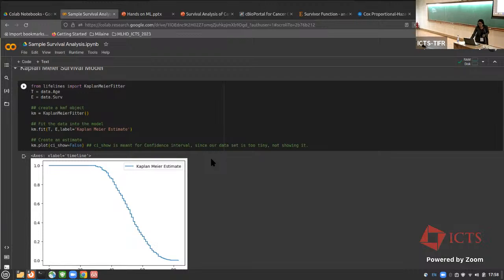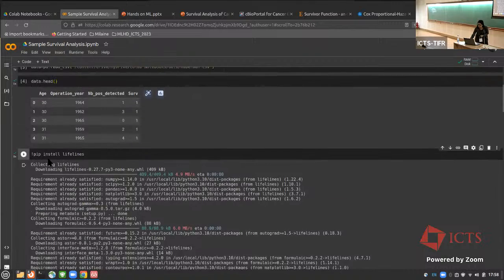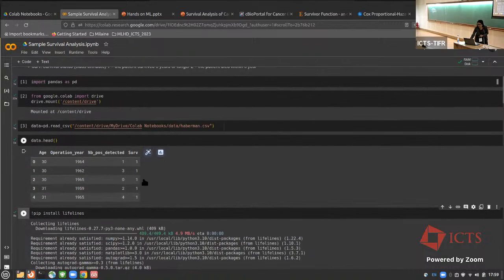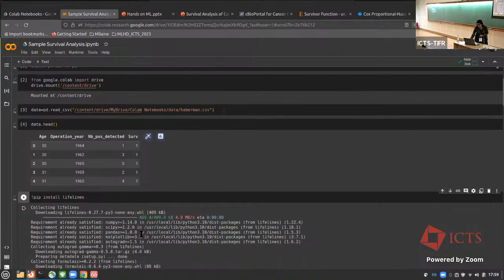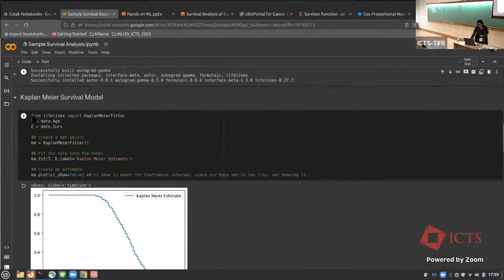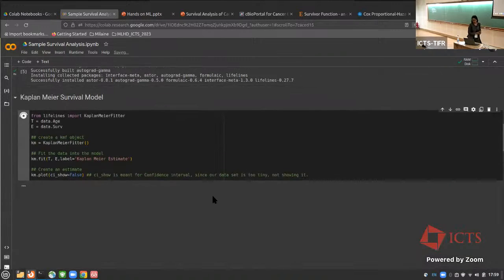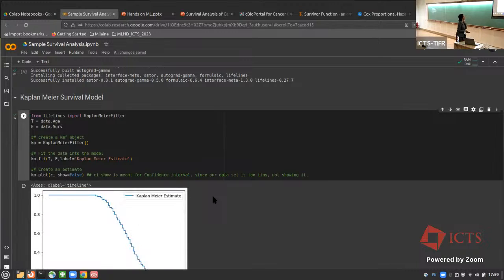So when you look at the data, you'll have the age here, and this is my class, survival, 1 or 0, and this is my time. I need to have a time feature and an event feature.